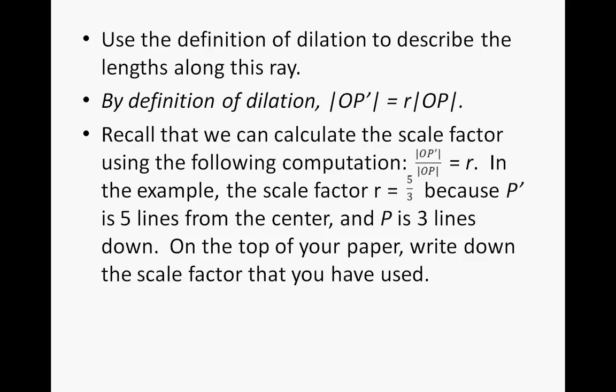In this example, the scale factor R is 5/3, because P prime is 5 lines from the center, and P is 3 lines down. On the top of your paper, write down the scale factor that you used. Yours doesn't have to be 5/3, it could be anything else.